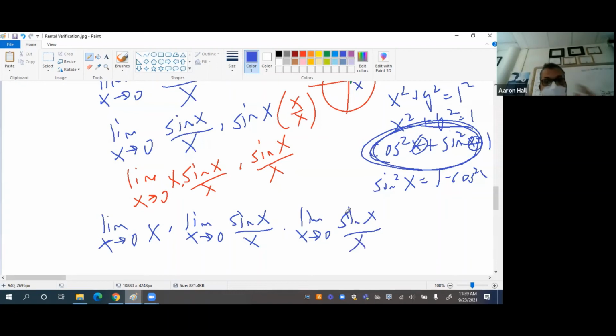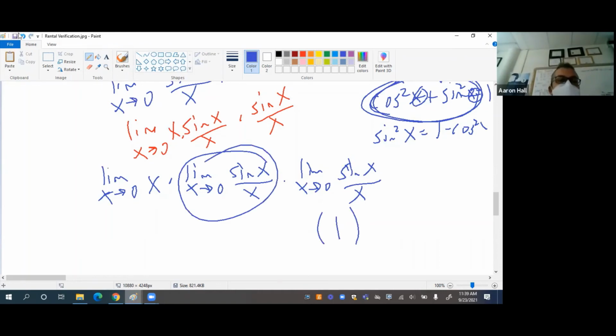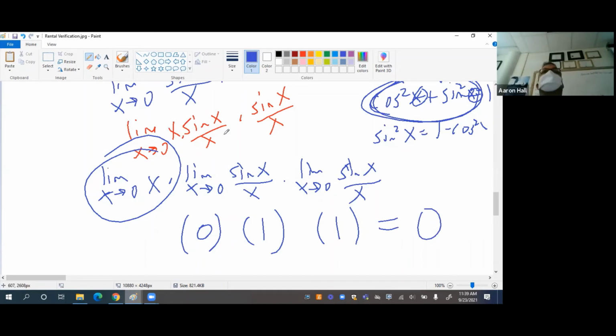Yeah. Okay. Now what? What is this piece here? It's 1. That's 1. What's this piece here? 0. How did you get 0? Because there's no violation of math to just plug it in right here. So we get 0. It's continuous. So the answer is just 0.